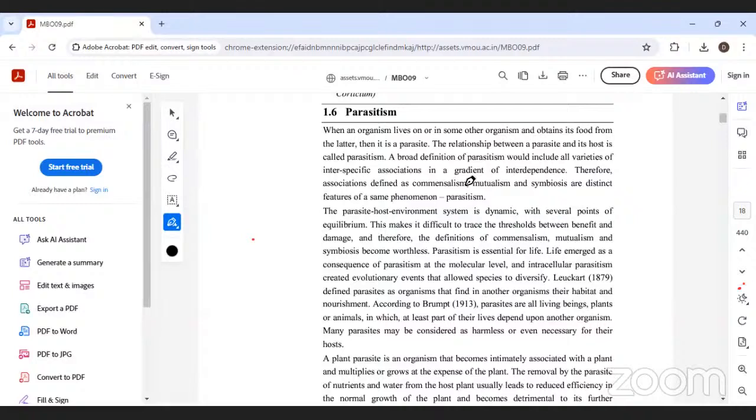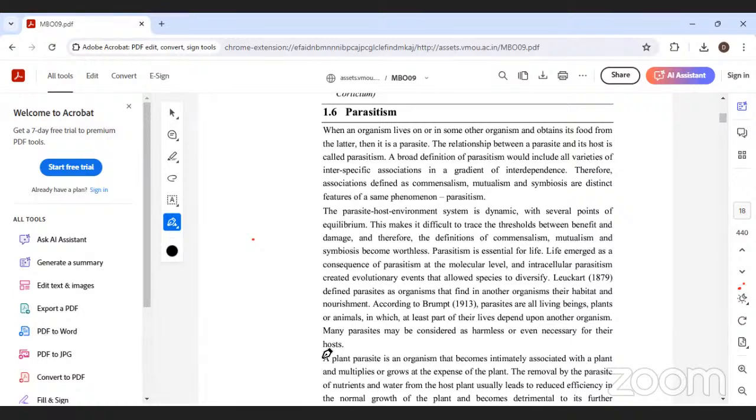Here, Leuckart in 1879 defined parasites as organisms that find in another organism their habitat and nutrition.